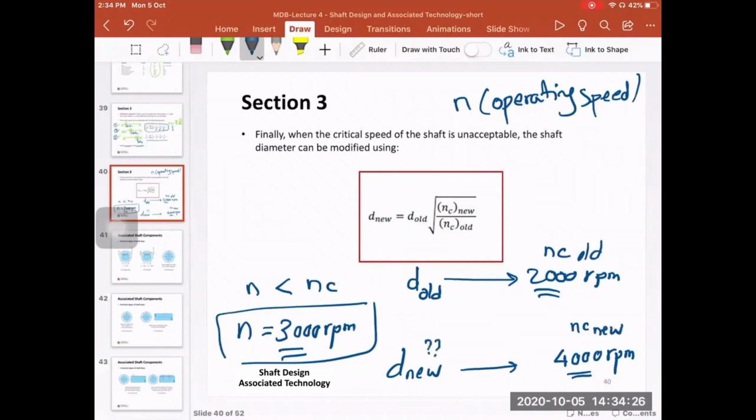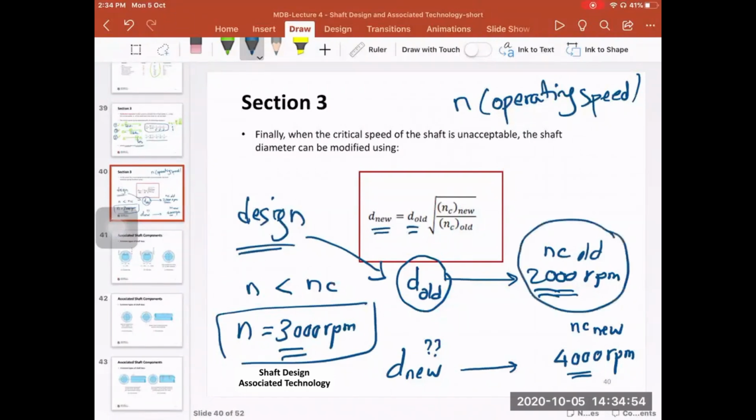So what I do here, I go back to this equation and say the new diameter that I want is equal to the old diameter that I have already used to find this critical speed. And this diameter is coming from our previous design. We have a design already, and we have a specific diameter based on stresses and everything. So this diameter, when I use it to calculate the N critical speed, gives me 2000.